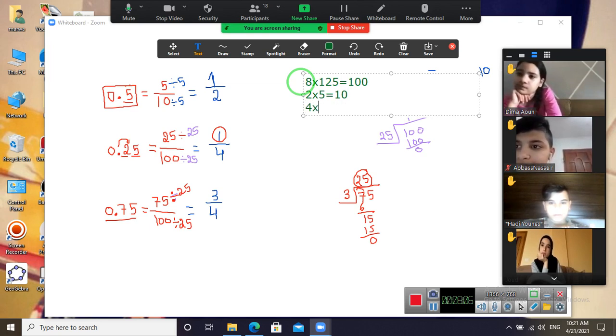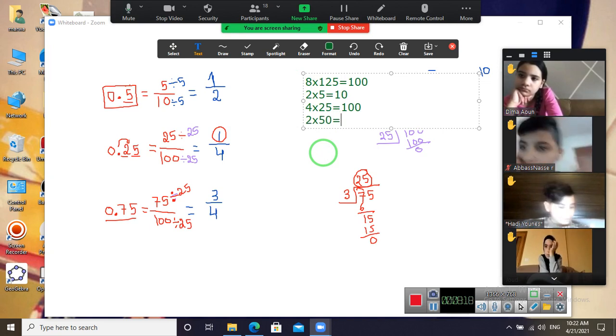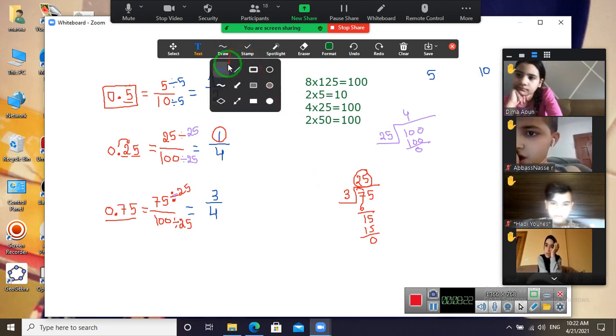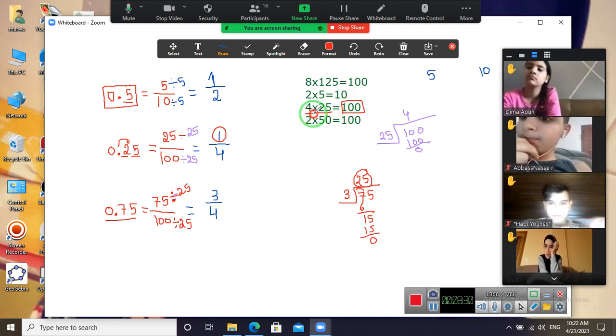Now 4 times 25 equals 100. You should memorize these numbers. 2 times 50 equals 100. Why should you memorize it? Since if you have a denominator 100, that means the 100 can be divided by 25 and 4.